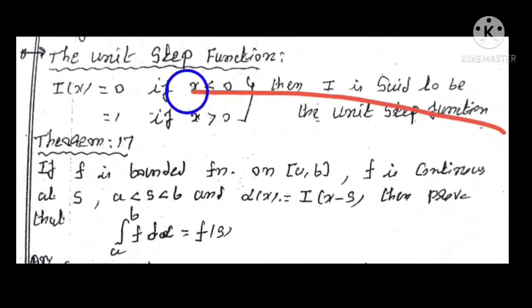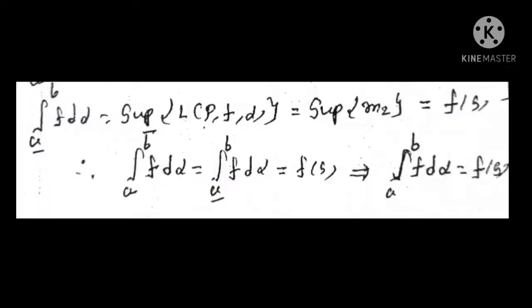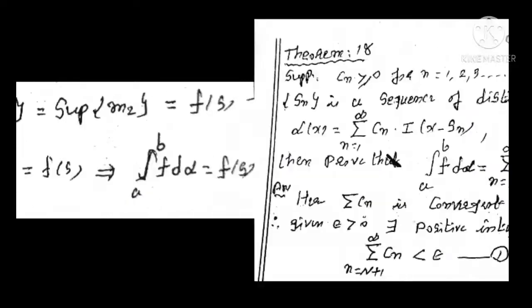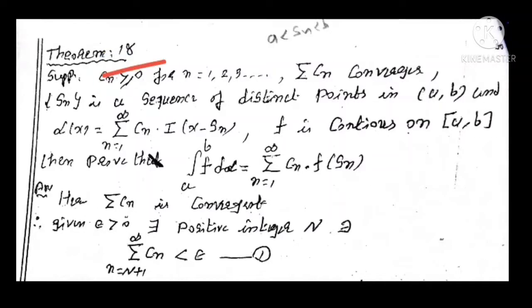Now next theorem. Suppose Cn greater than or equal to 0 for n is equal to 1, 2, 3 and so on, and sigma Cn converges. Sn is a sequence of distinct points in open interval (a, b) and alpha(x) is equal to summation n running from 1 to infinity Cn into I(x minus Sn). f is continuous on closed interval [a, b].